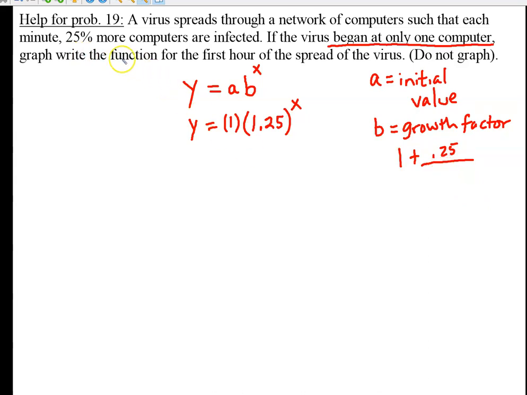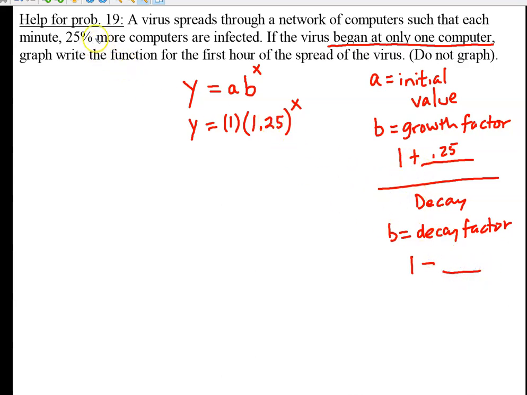So let's talk about if this were a decay problem. I know this isn't, but you'll come across these. The only difference is how you find B. For B, it's called a decay factor, as you could probably guess. And you could probably also guess that instead of adding the rate of growth, we're going to subtract the rate of decay.